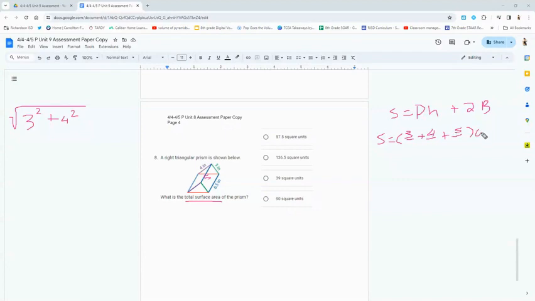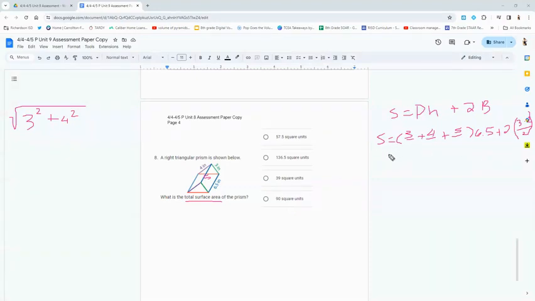My height is 6.5, and then plus 2, and then my base is going to be 3 times 4 divided by 2. I'm going to put that over here. So hopefully you guys can see that in this corner.